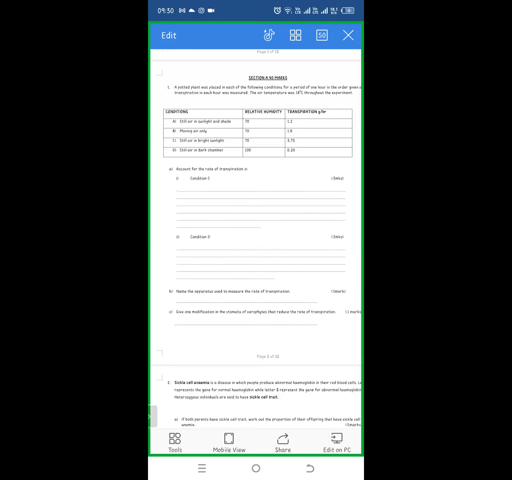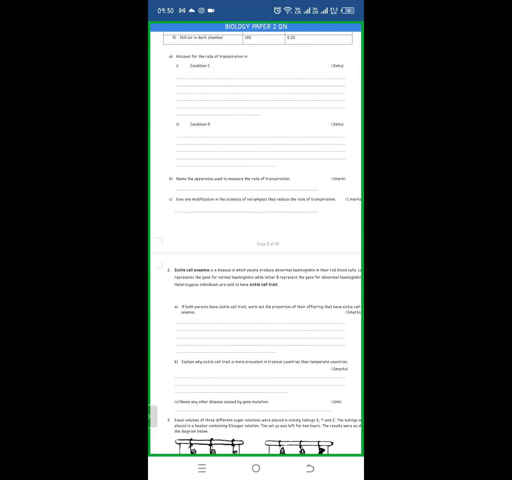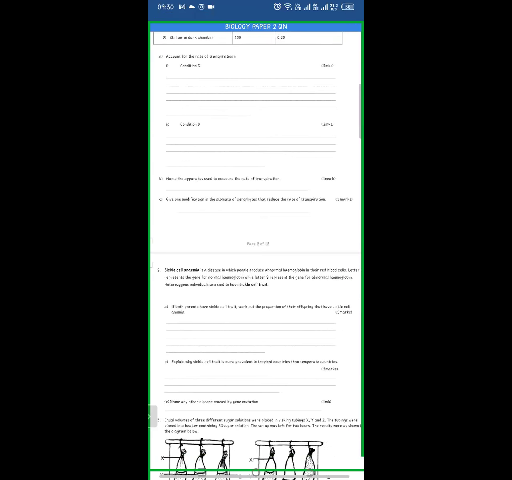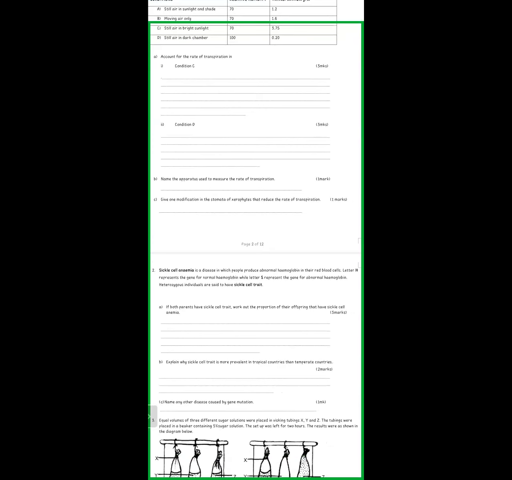But I do believe that column 1 contains a bigger portion of what we are trying to discuss here. So thank you for that input. And I agree with you that relative humidity also contributes to water loss. Thank you. So let us move to number 2.